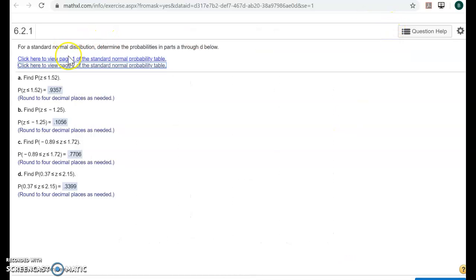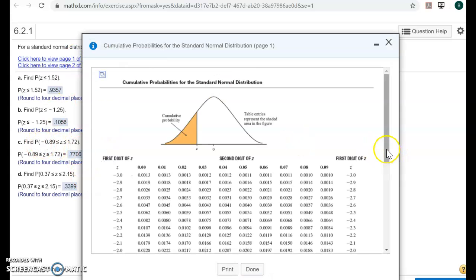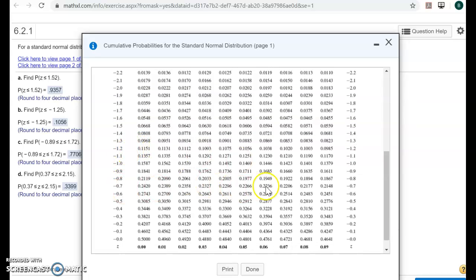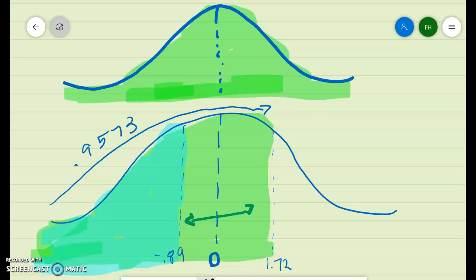All right, so 1.72 we did, negative 0.89. Negative 0.89 is 0.1867. So the probability all the way up to here is 0.1867.